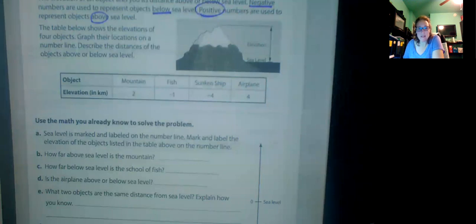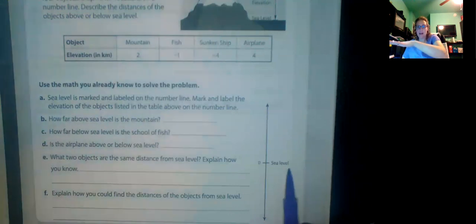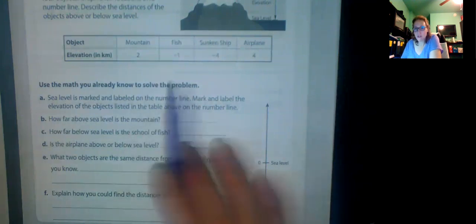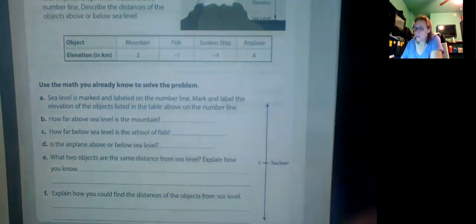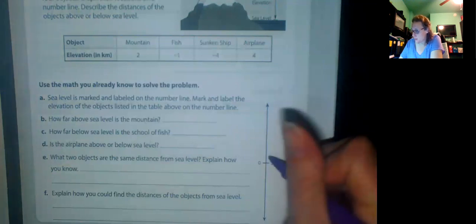So use the math you already know to solve the problem. So letter A says sea level is marked and labeled on the number line. Mark and label the elevation of the objects listed in the table above on the number line. All right, so sea level is at 0. That's our starting point. That's that flat line right in the center. So we want to graph the objects up here. Remember that if we are going above sea level, we're talking about positives.